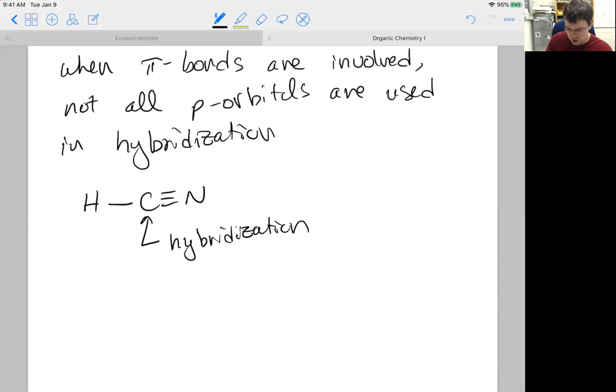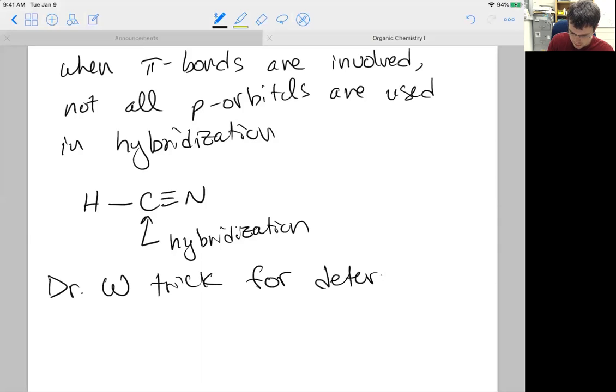Okay, so here's the trick for determining hybridization.